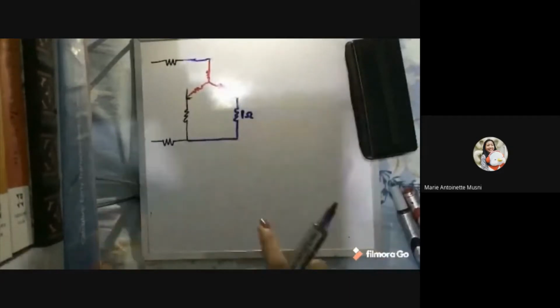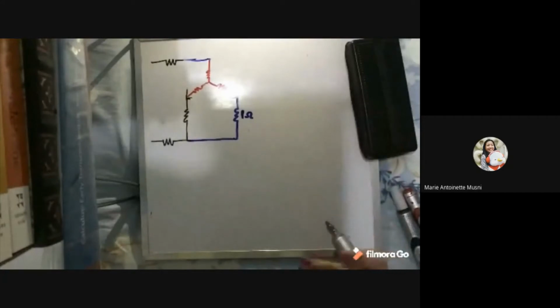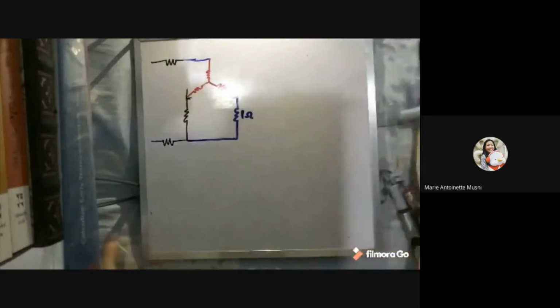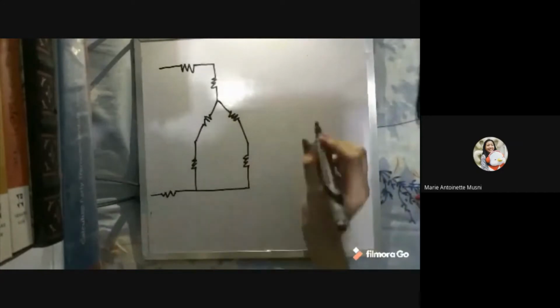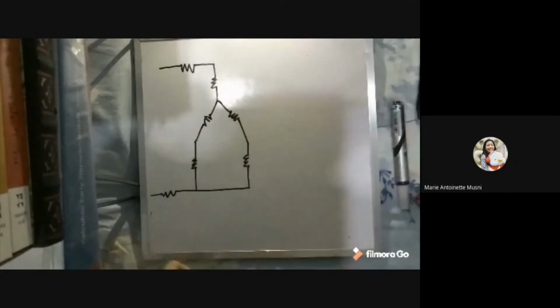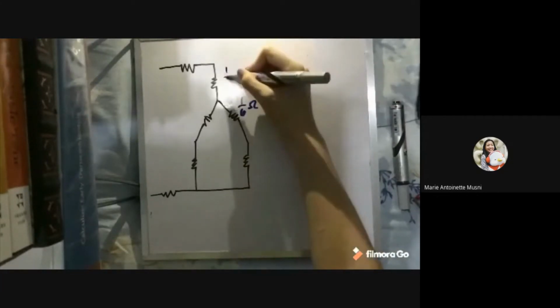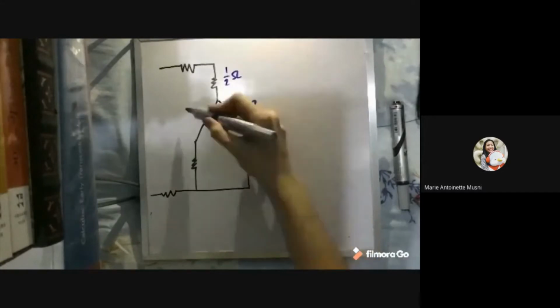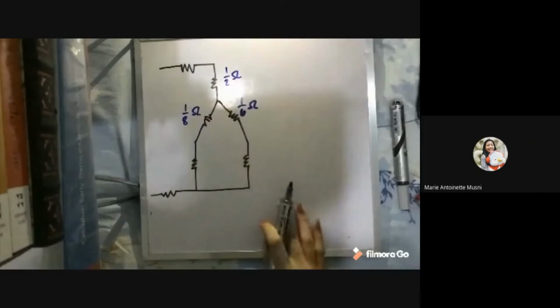Okay, so we can stick to this, but we can have a clearer and better picture if we follow this. So we're going to have our values of the 1/6 ohm here, the 1/2 ohm from R3 here, and finally the 1/8 ohm resistor there.